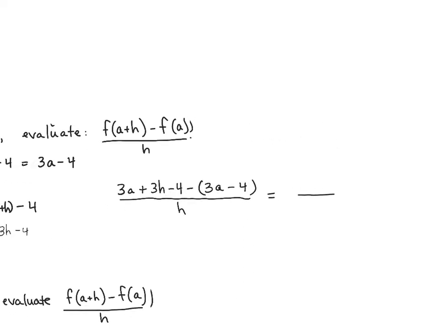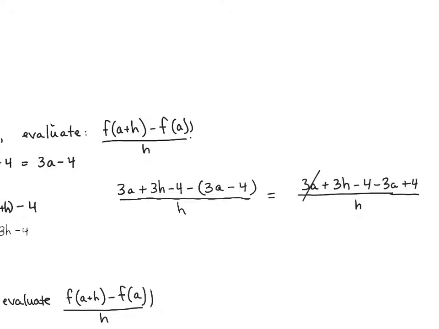And then when we simplify in the numerator, we distribute that minus sign into the parenthesis. And what happens here, and this is something to always try to remember when you're evaluating a difference quotient, at this point, once you've simplified, any term that does not have an h should cancel with an opposite term.